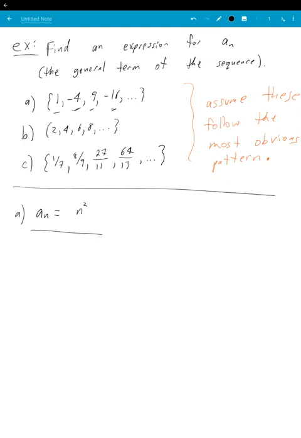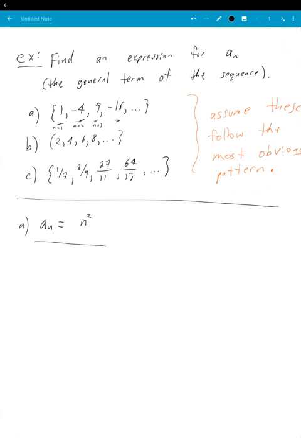I have to account for that minus sign that's appearing when n is even. Because remember, we have n equals 1, n equals 2, n equals 3, and so on. So when n is even, we want a negative. So we have to go (-1) to the, not just n, n plus 1 will work. Or n minus 1, doesn't matter.